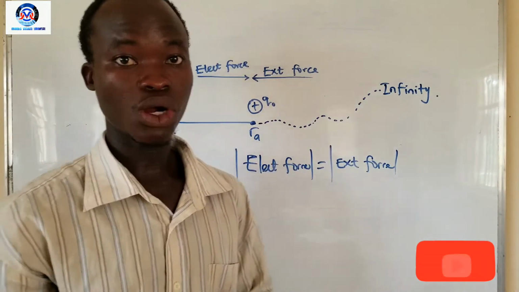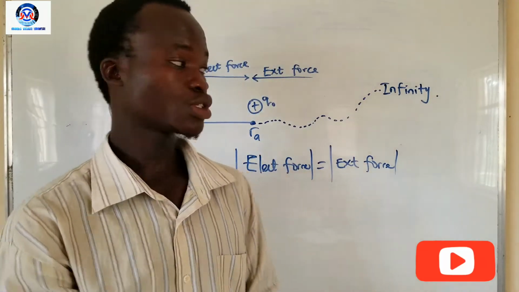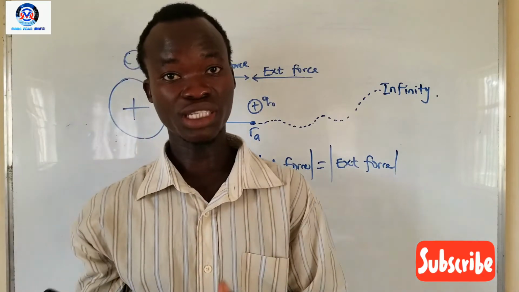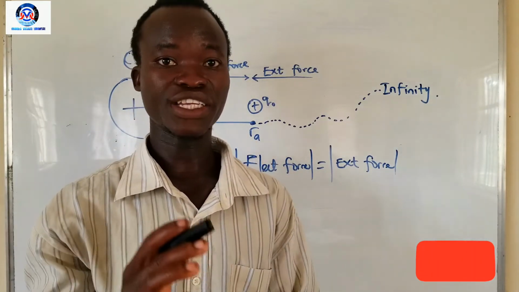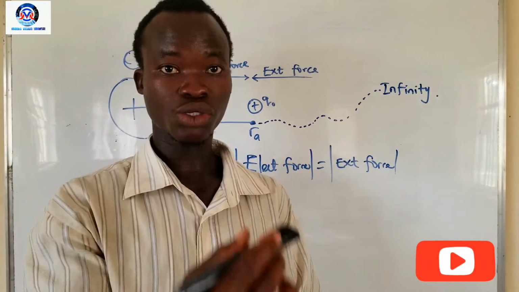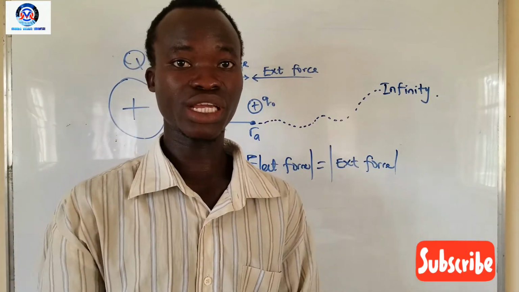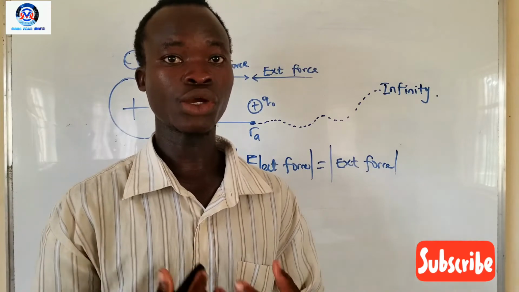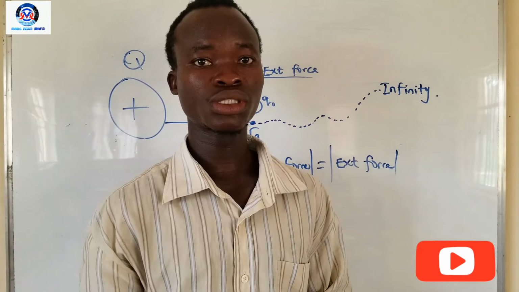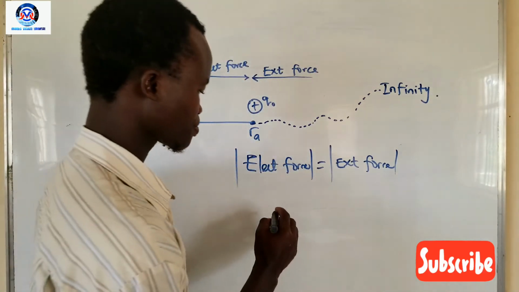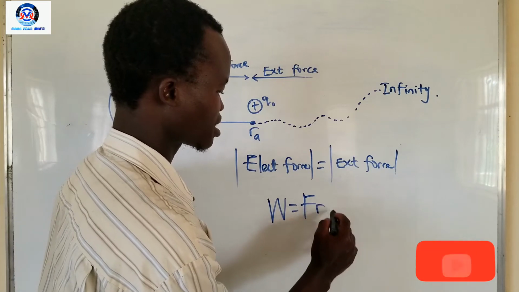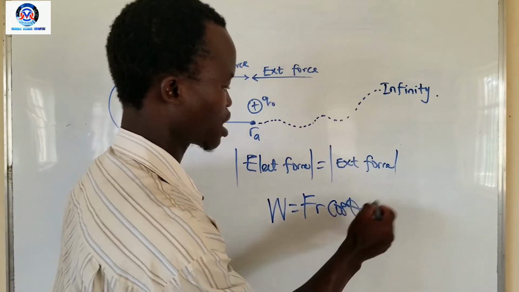We want to find the work done because the work that must be done on the charge to bring it from infinity to a point Ra against an electric field is the electric potential energy. So once we are able to find the work done, the work done will stand as the electric potential energy of the charge. But don't forget that the work done is simply the force multiplied by the distance times cos theta.